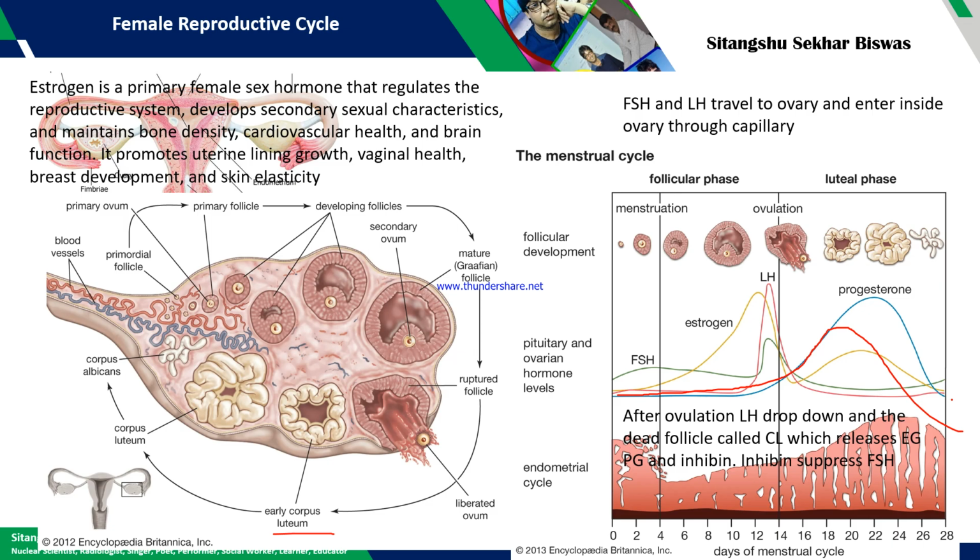The concentration of progesterone and inhibin will increase, and those two hormones again will suppress the follicle stimulating hormone. And you see, that's why the green line, the LH and FSH, the luteinizing hormone and follicle stimulating hormone, again come down once the luteal phase started.